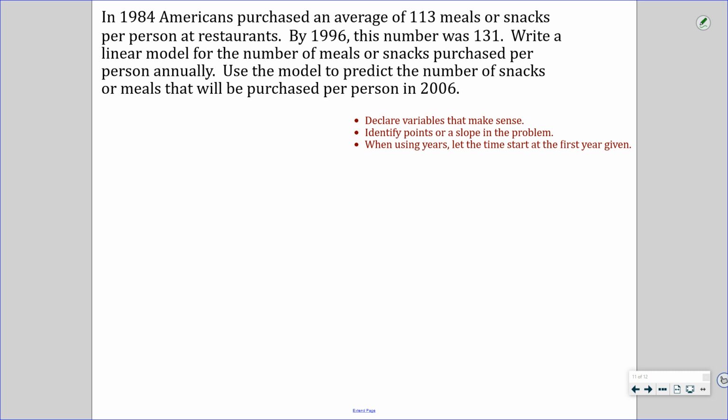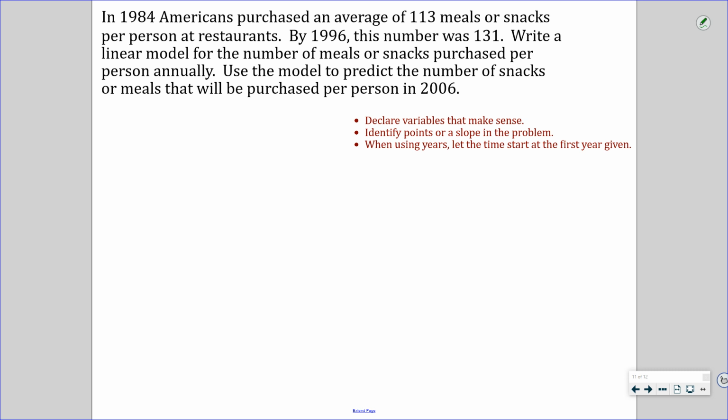By 1996, this number was 131. All right, so just by those first two sentences, is this like a growth or a decay type of rate? Growth, right? We're getting more. Write a linear model for the number of meals or snacks purchased per person annually. Use the model to predict the number of snacks or meals that would be purchased per person in 2006.